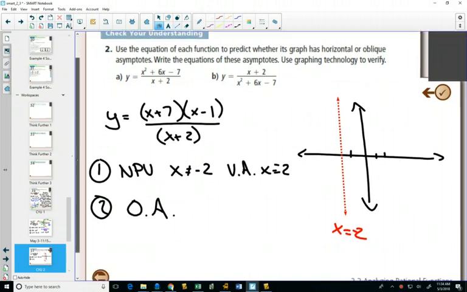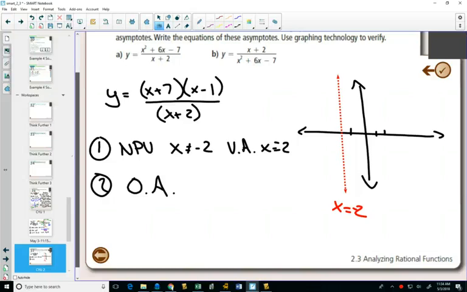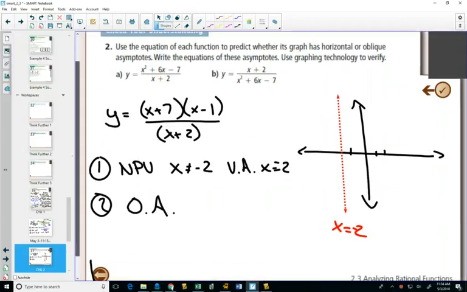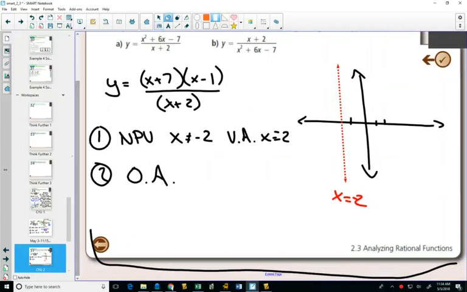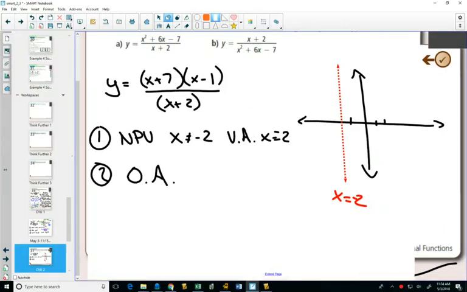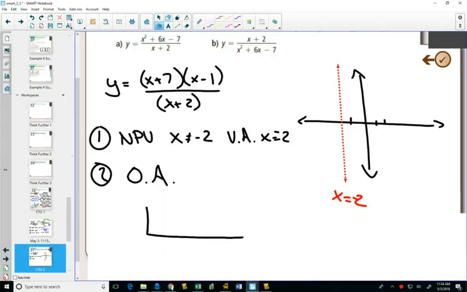To find the equation of that oblique asymptote, we're going to need to use synthetic division. So set up our synthetic division. X squared plus 6x minus 7 divided by x plus 2, so we'd have a minus 2 out in front.